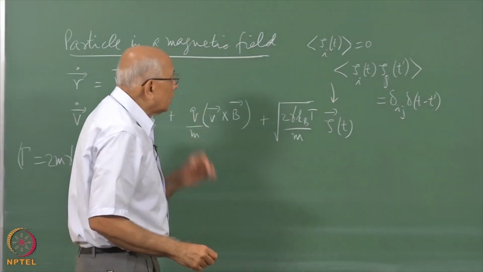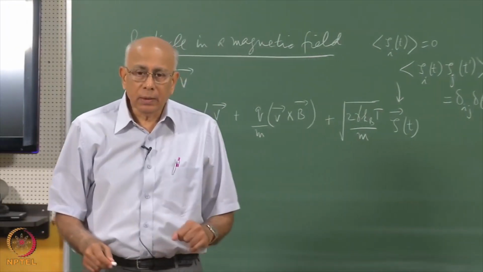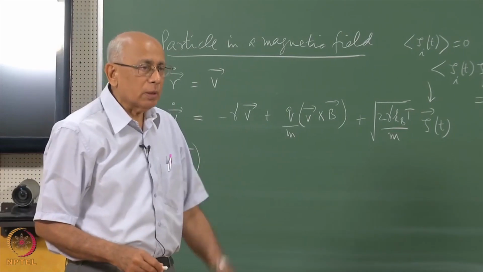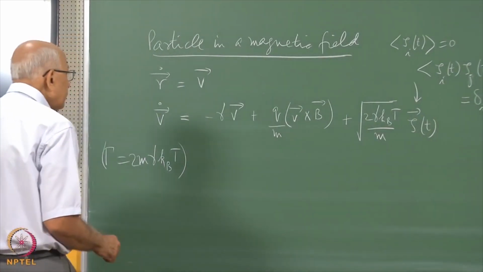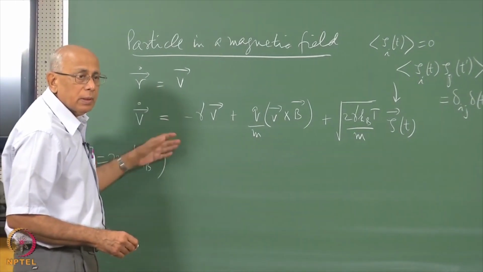So, each Cartesian component of this zeta is a delta correlated stationary Gaussian Markov process. Okay. So, this is the set of Langevin equations here.